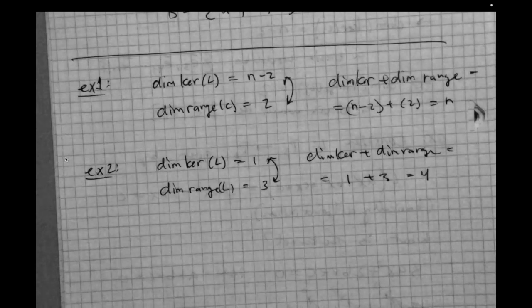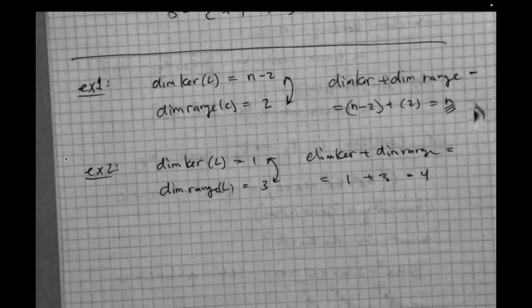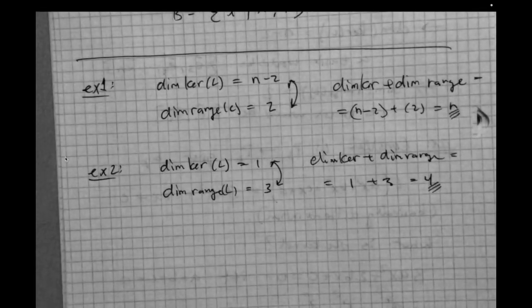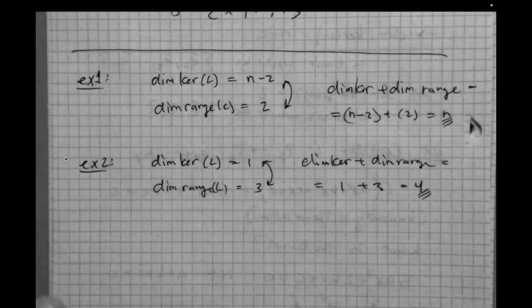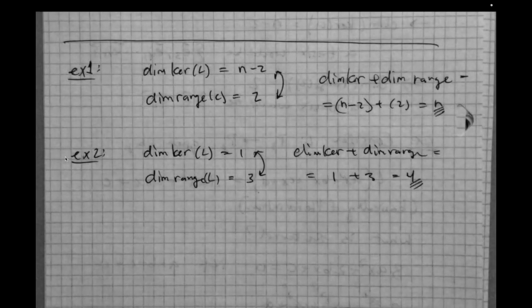Keep in mind that this was also the dimension of the vector space V. So the dimension theorem ties the dimension of V to this relationship between the kernel and the range.